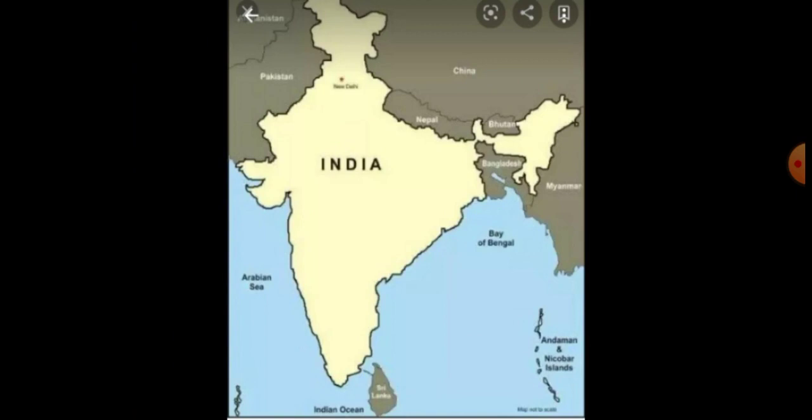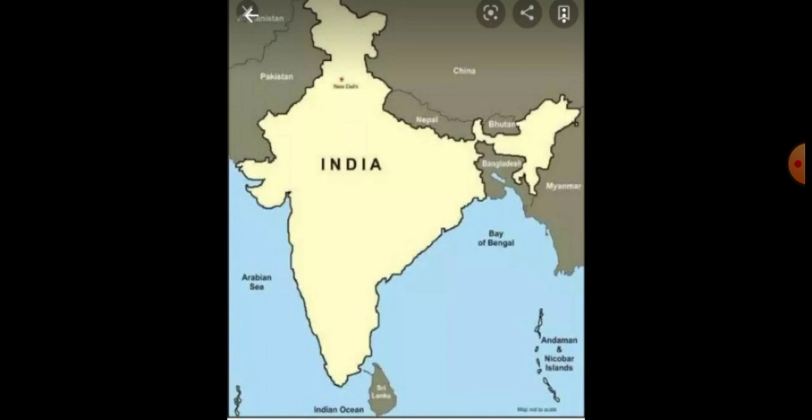What are the three oceans surrounding India? Indian Ocean in the south, Arabian Sea in the west, and Bay of Bengal in the east. Okay, then India and Sri Lanka are separated by the Palk Strait.